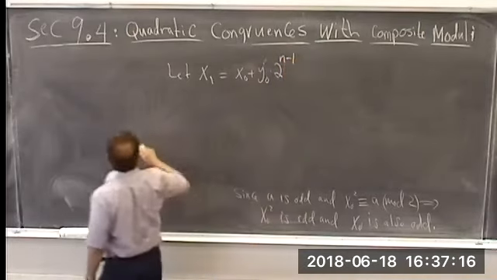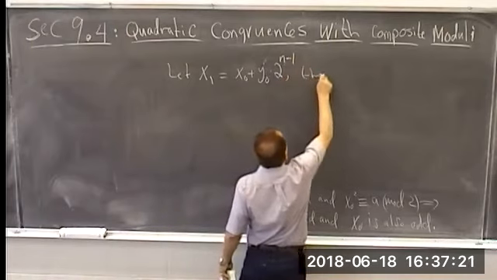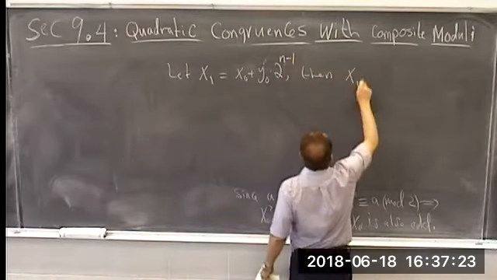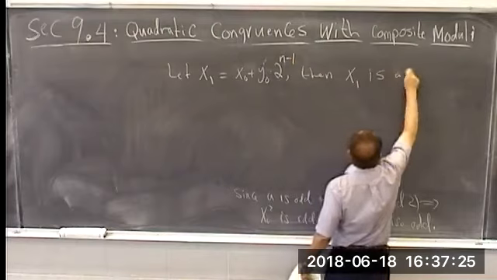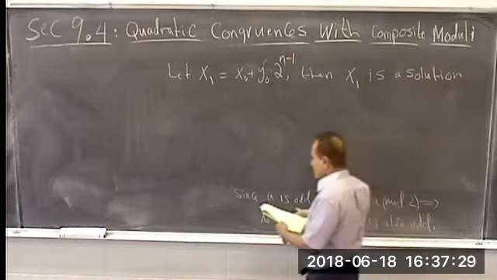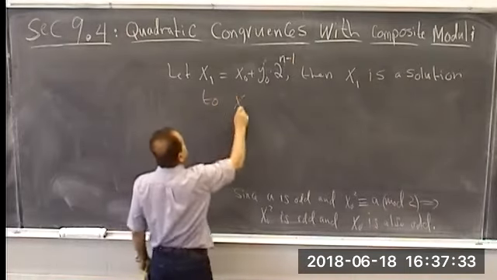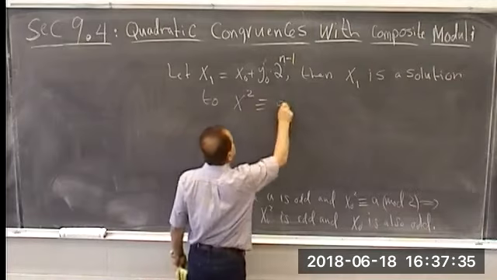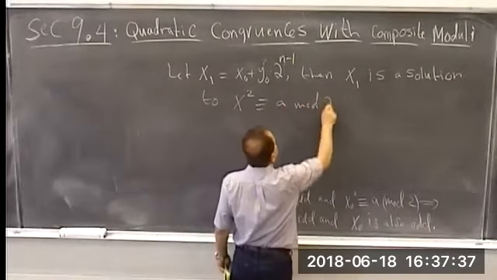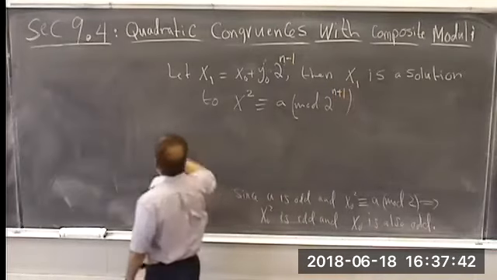I want to write this as a claim: then x1 is a solution to this mod 2 to the n plus 1.